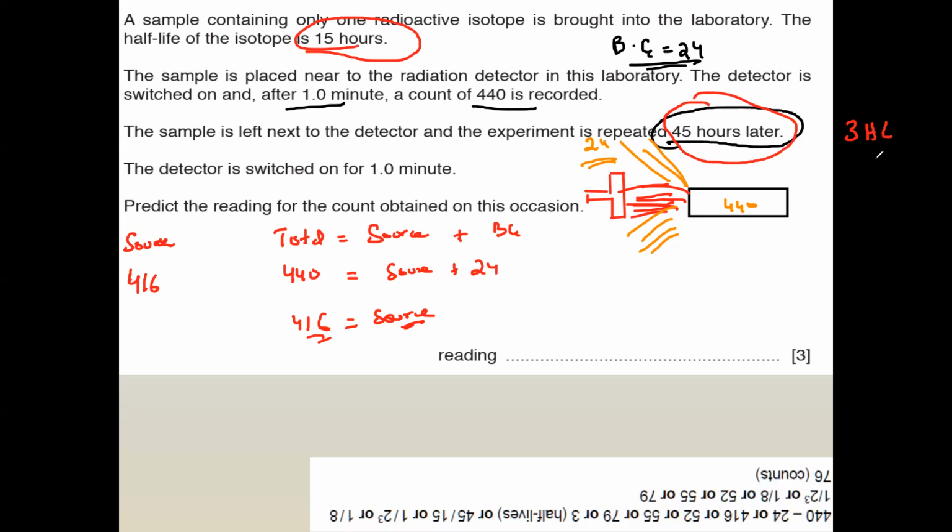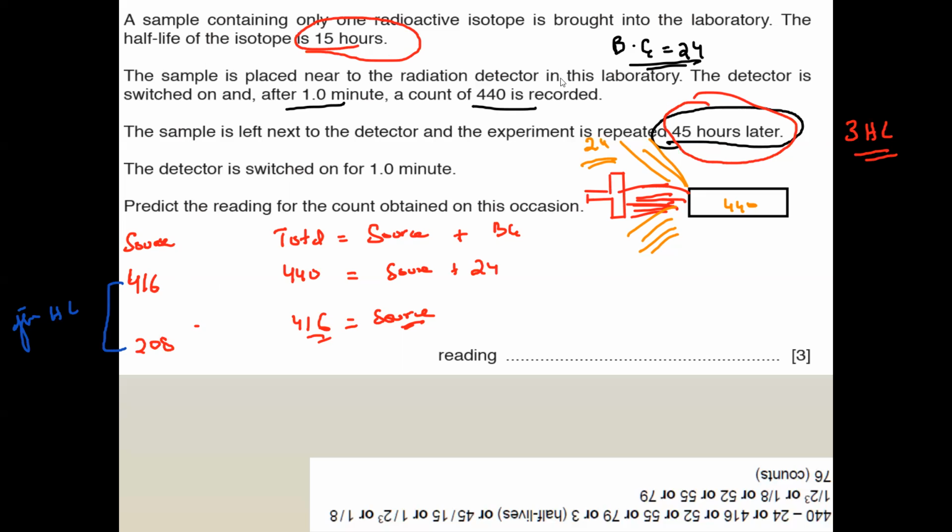How many half-lives do we need? We need 3 half-lives. After the first half-life, half of 416, which is 416 divided by 2, equals 208.